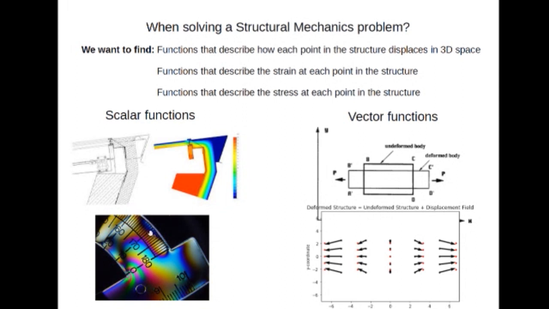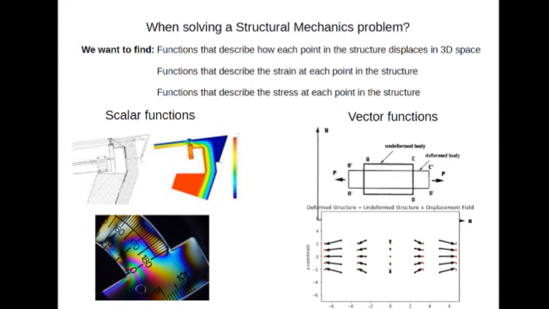Okay. Sometimes we can have quantities that are derived from vector quantities to give us scalar quantities. Here's an example of that. This is a material that, if you strain it, based on the strain that it sees, gives you different colors in the polariscope, and those color bands can be related back to the strain that it is experiencing.